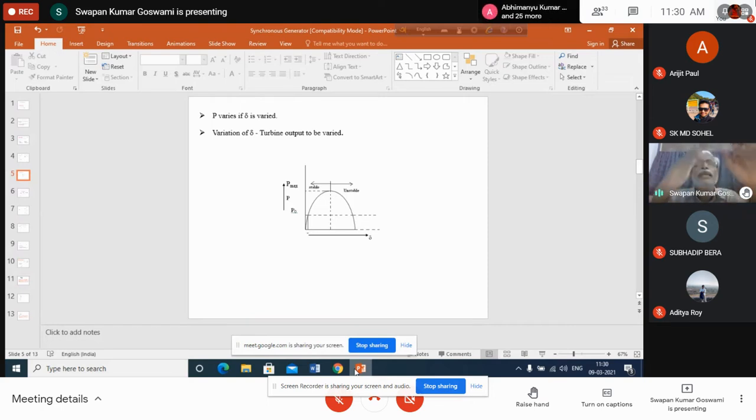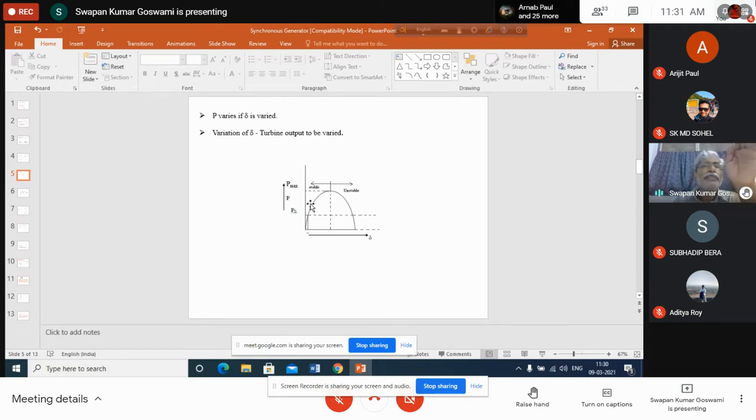In this way, finally, when the generator becomes stable again, the input power line and output power line will meet at a common point, and the speed of the generator and the speed of the infinite bus will also be the same. That means the generator will again rotate at synchronous speed, at the new steady state with increased power output.